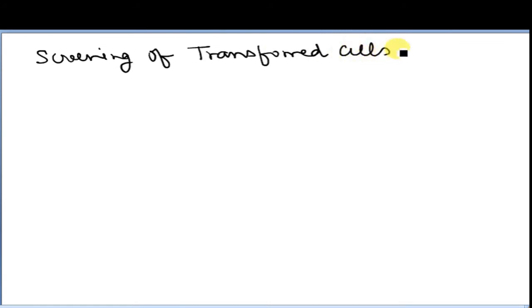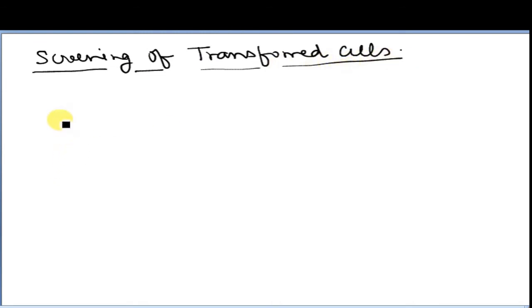So let us put the heading as screening of transformed cells. So how would you screen them? How can you screen the transformed cells? You can screen the transformed cells by two methods.